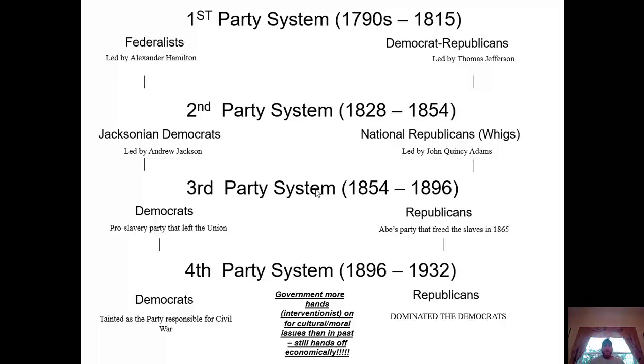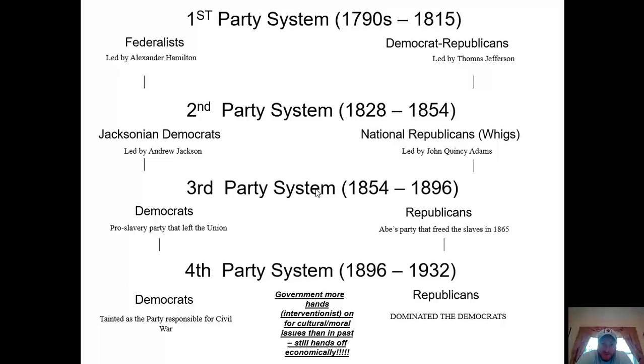Hamilton's party were known as the Federalists, and they largely were the Federalists that existed prior to the Constitution, those that were in favor of its ratification. And Jefferson led the Democrat-Republicans. They were largely the anti-Federalists before the Constitution was ratified, with one notable defection. Alexander Hamilton changed sides, didn't like how powerful the national government had become.